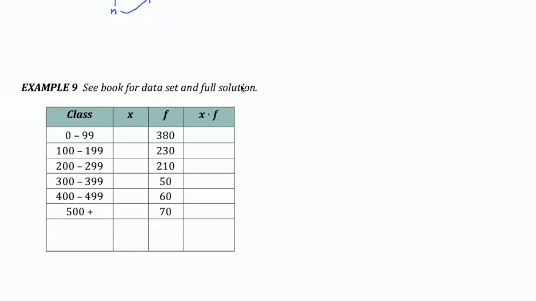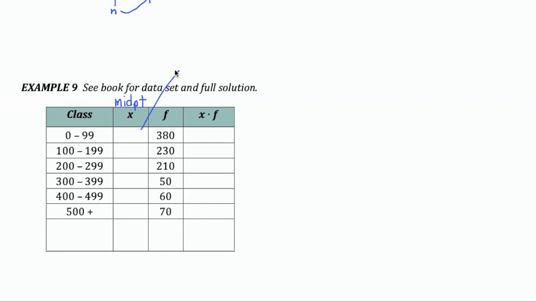So this ended up being how much individuals spend in preparation for personal travel each year. Okay? So what you're going to do in this case is you need to have an x value to multiply the frequency by. So remember, the way we get our representative piece of data for a class is to find the midpoint of the class.